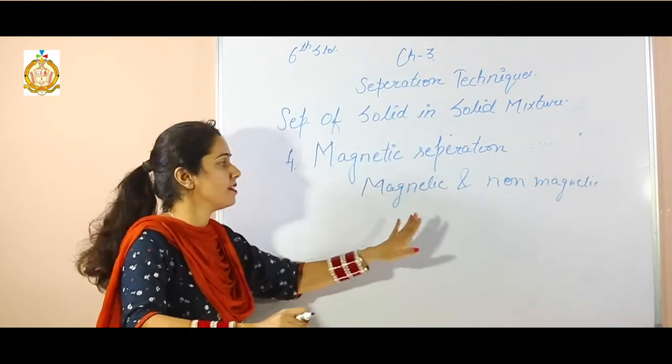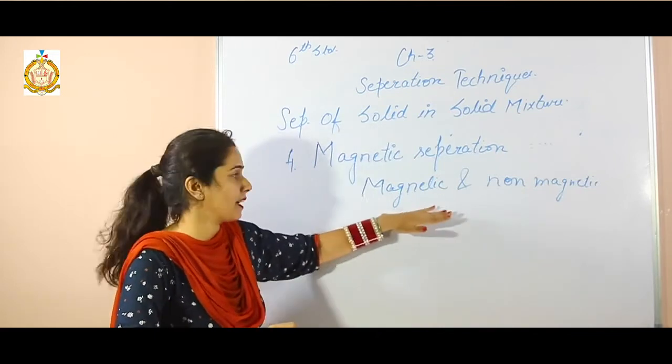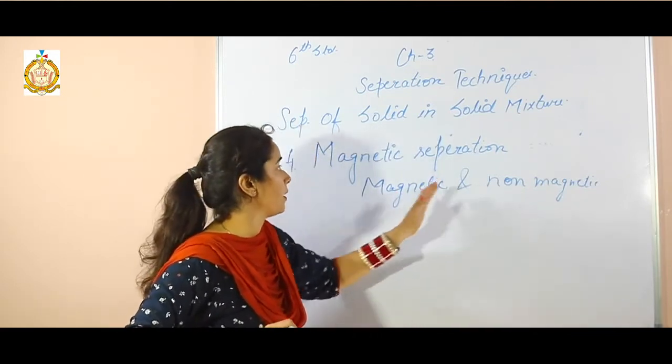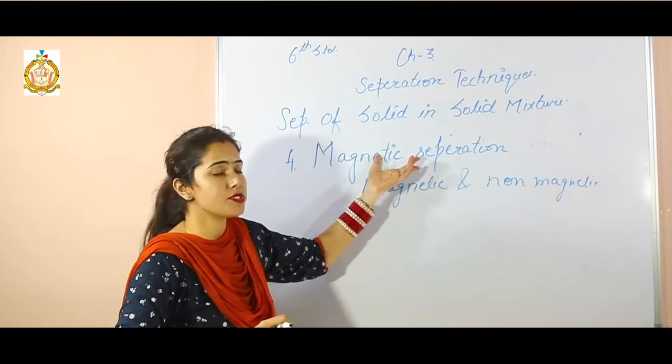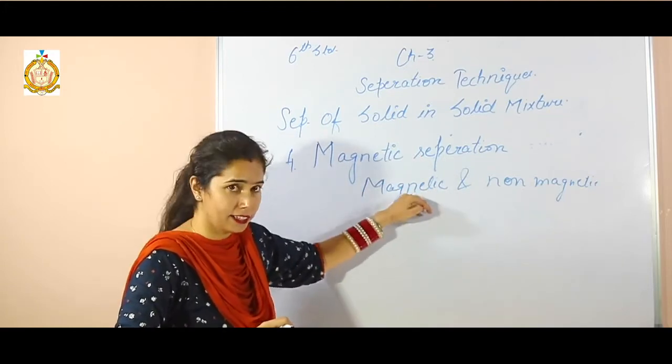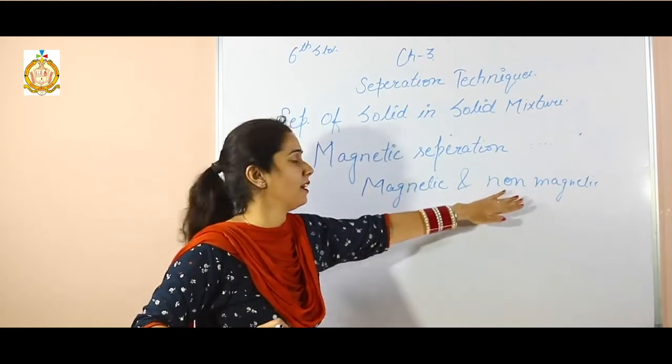For example, there is a mixture of two components, magnetic and non-magnetic. So magnetic separation is the process to separate the magnetic component from the non-magnetic one.